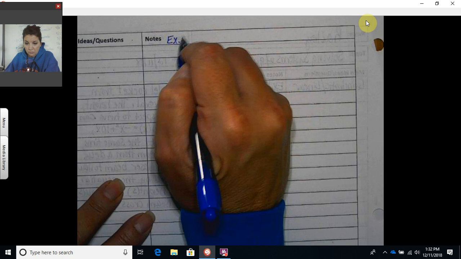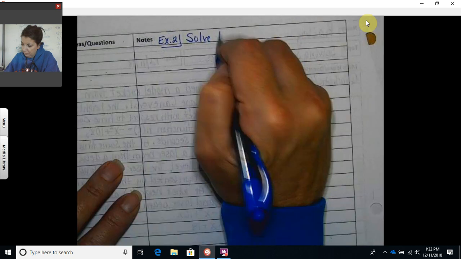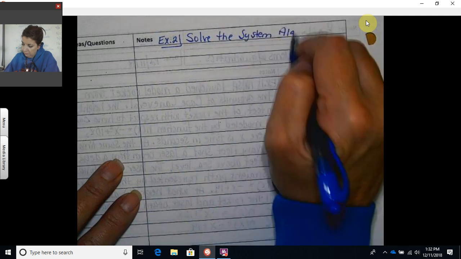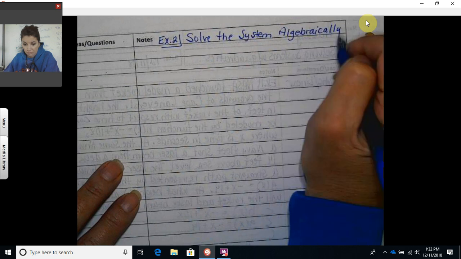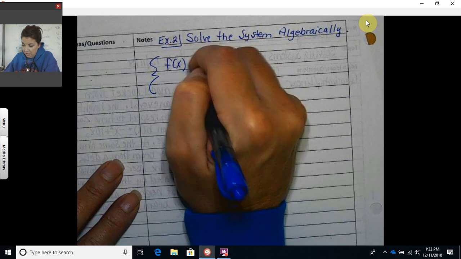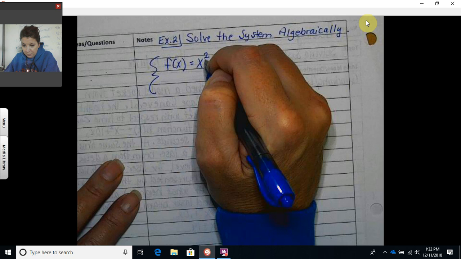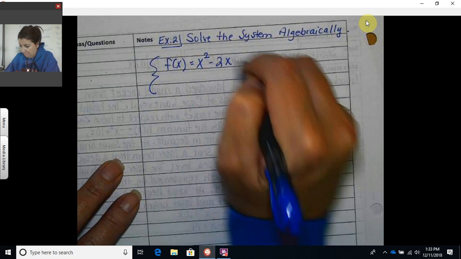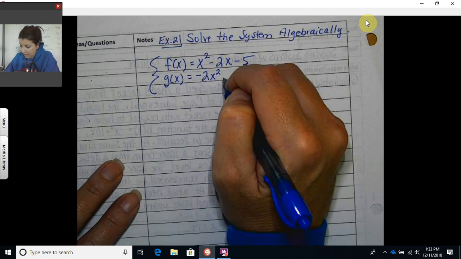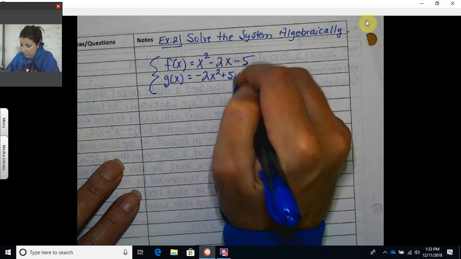Solve the system algebraically. I have f of x equals x squared minus 2x minus 5, and I have g of x equals negative 2x squared plus 5x plus 1.